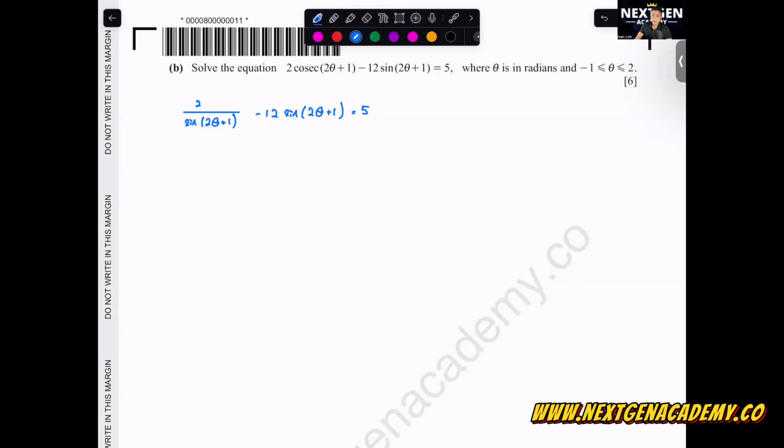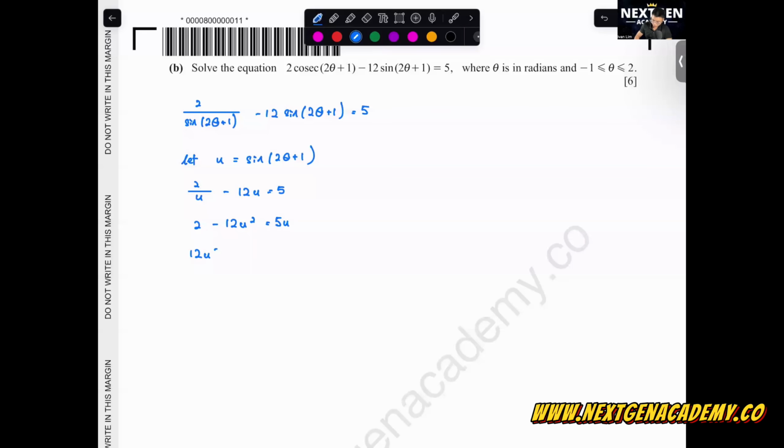How are we going to simplify it? Got two terms, right? This is actually a quadratic equation. We're going to let any alphabet, let's say u equals sine of 2 theta plus 1. We get 2 over u minus 12u equals 5. Multiply the whole thing by u: 2 minus 12u squared equals 5u.